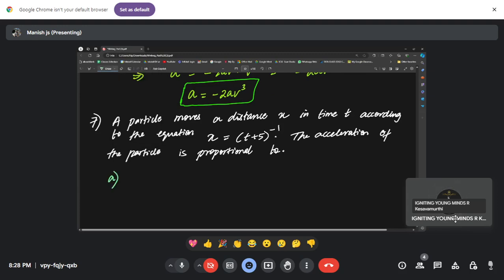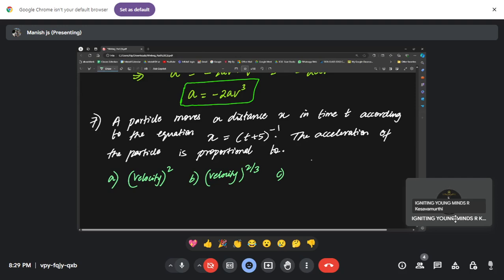I'm giving you the options. Option A: velocity the whole squared. Option B: velocity the whole to the power 2 by 3.